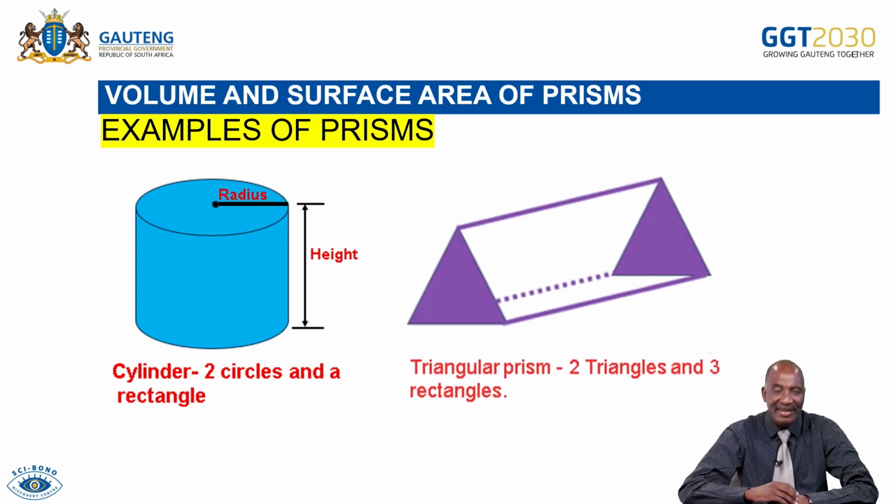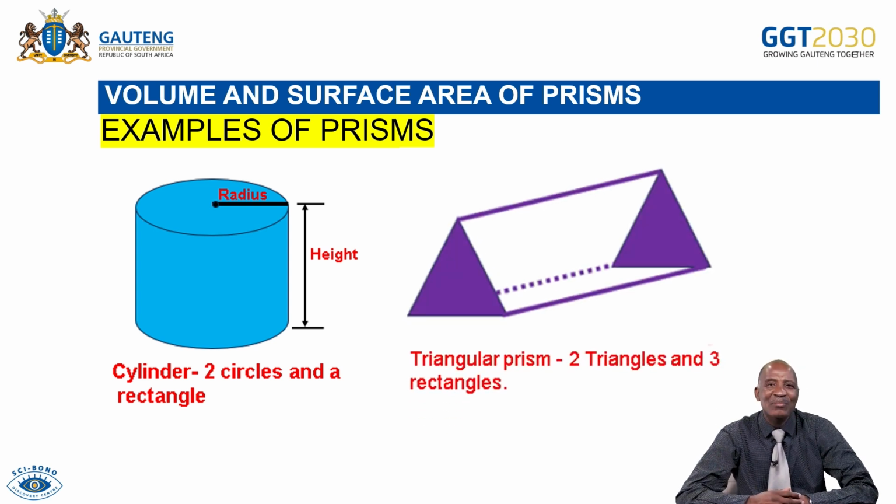And then we also have another type, which is made up of 2 triangles. It doesn't matter what kind of triangle you use, as long as those triangles are of the same size, it will become a prism or regular shape in terms of the cross-sectional area. That purple shaded region is a type of triangle.